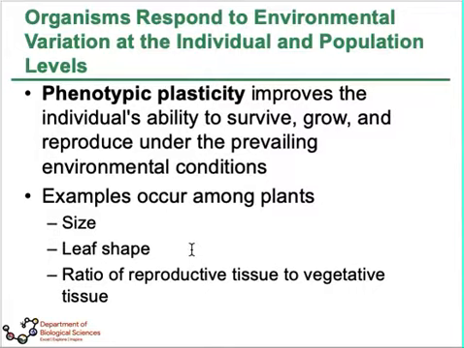So the ratio of reproductive tissue to vegetative tissue is also one example of phenotypic plasticity, especially when they are wind pollinated or depend on wind for pollination. So they tend to produce a high number of reproductive structures for the reproductive success of the species.